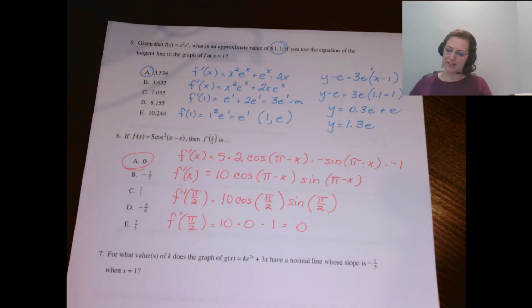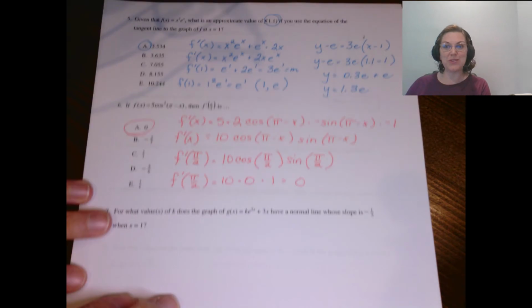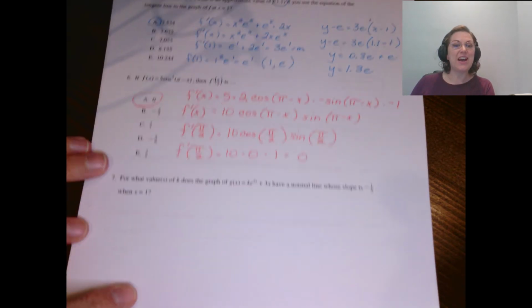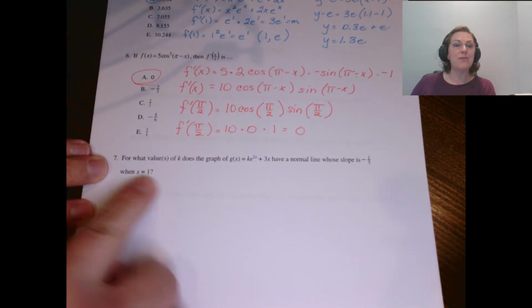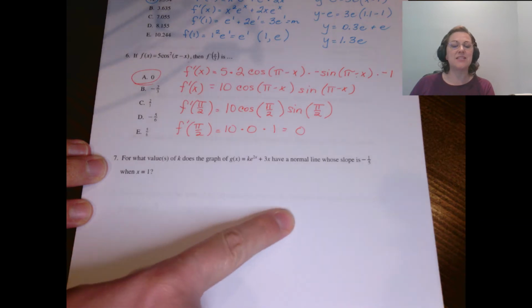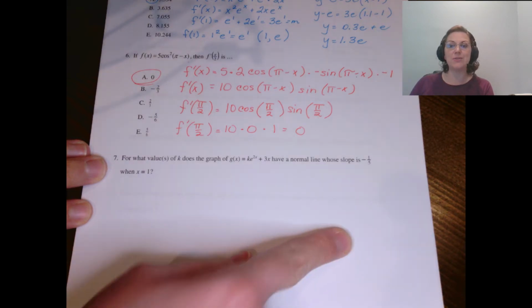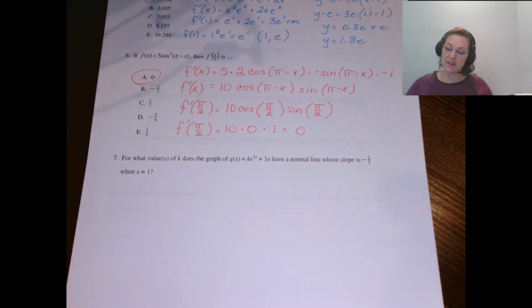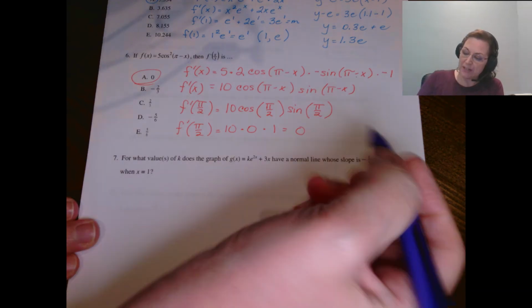All right. So far, so good. Good work with the derivatives here. Looking at number 7 then. For what values of k does this function have a normal line whose slope is negative 1/5? Now, friends, I remember normal line is perpendicular to the tangent.